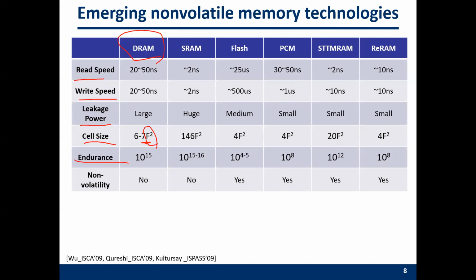The endurance means after you write a lot to one DRAM cell, the cell eventually will be broken. Although for DRAM, this number is very large. No one actually has a lot of dead cells because of frequent writes. You do have dead cells in the DRAM.